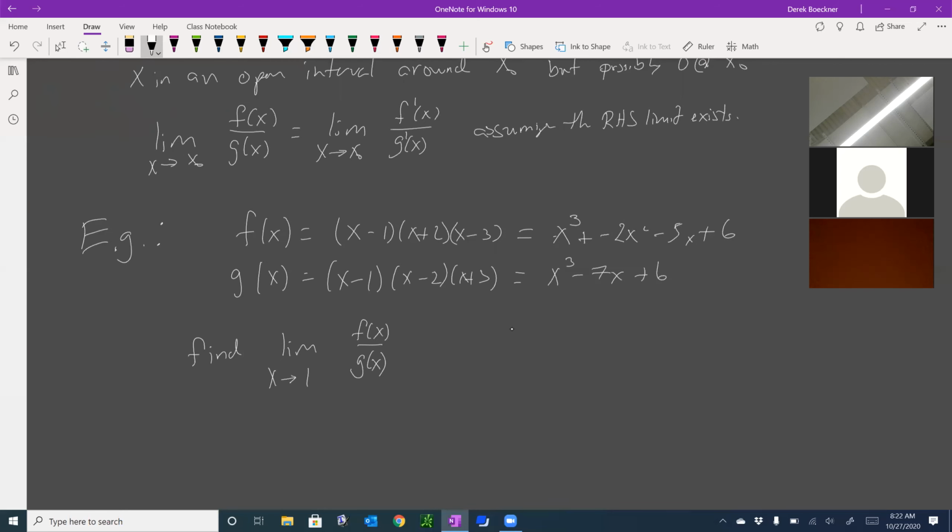Okay, so if I want to find the limit as x goes to 1 of f of x over g of x, f of x at 1 is going to be 0, g of x at 1 is going to be 0. They're both going to go to 0 there.